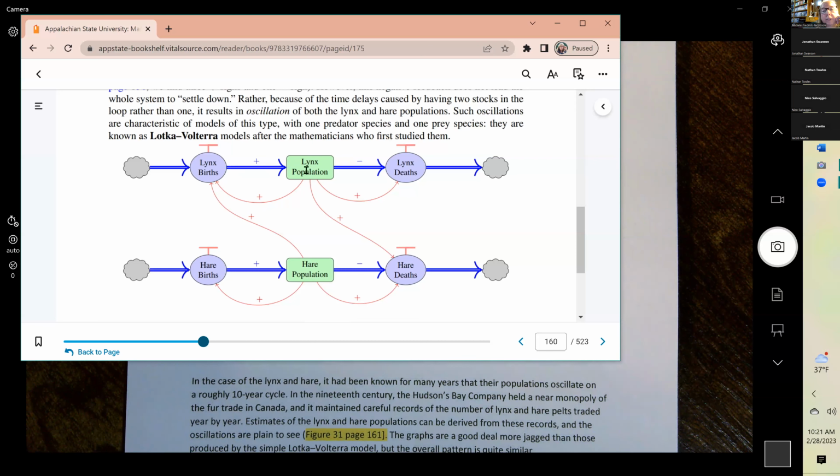Now here, when the population grows, this positive means if this grows, this increases. So as the population grows, there's more deaths. So it kind of is going both ways. When this gets large, you have more births, but you also have more deaths.